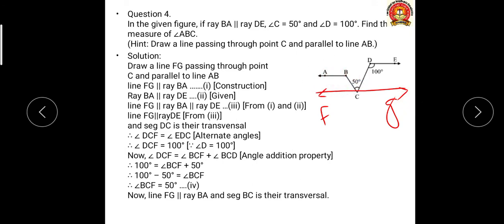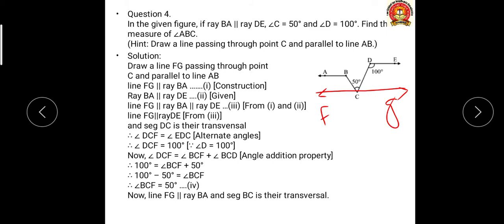Now, line AB is parallel to DE. If AB is parallel to FG also, and AB is parallel to DE also, it means that DE is also parallel to FG. Okay? After proving this, now see, segment DC is a transversal. DE is parallel to FG and DC is a transversal.